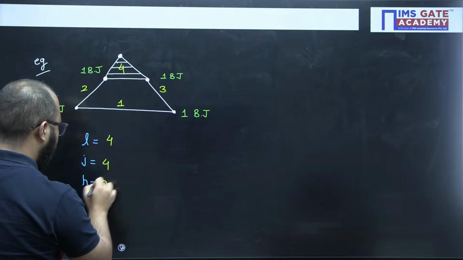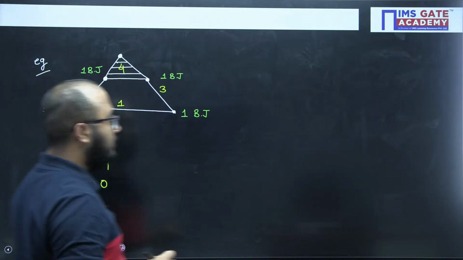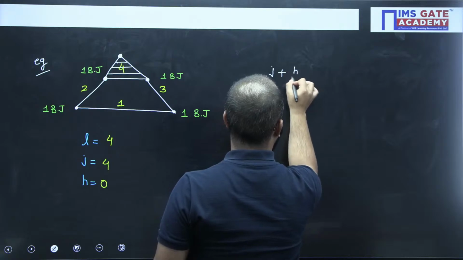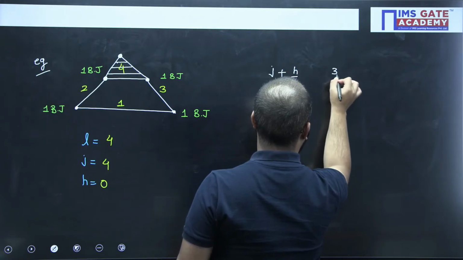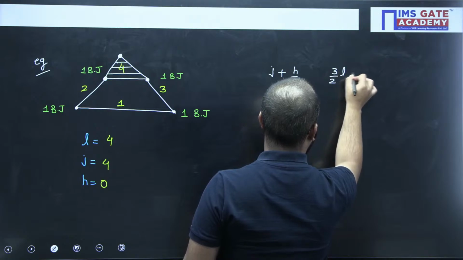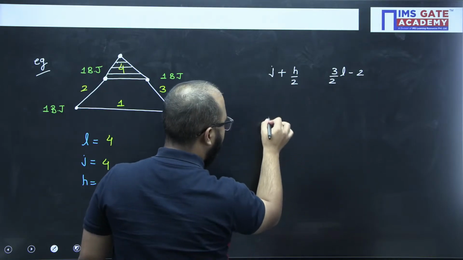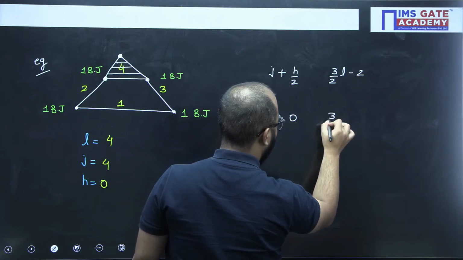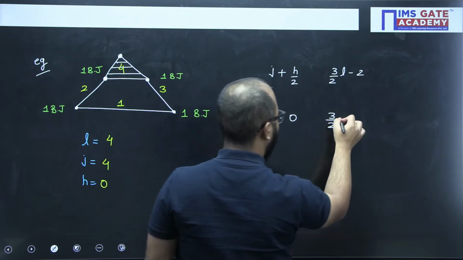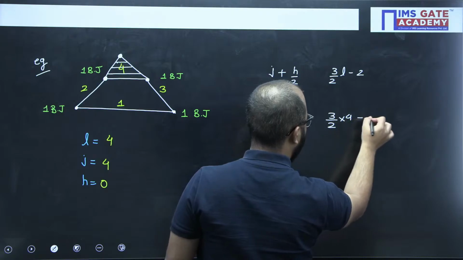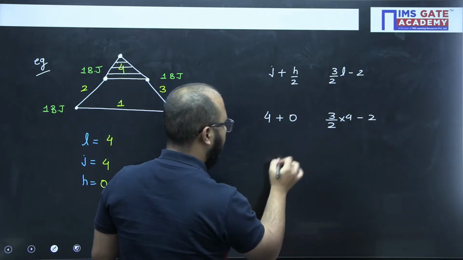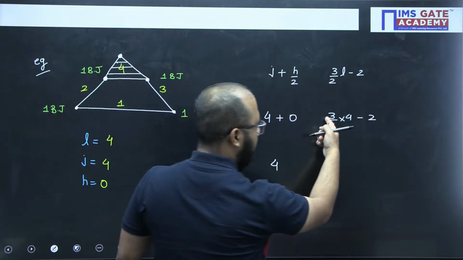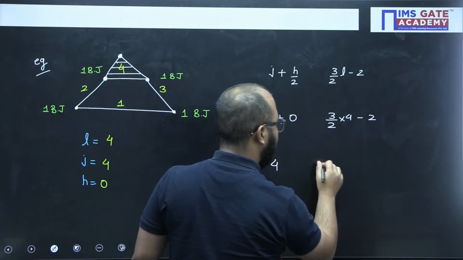And the number of higher pairs is 0. Now using this relation, J plus H by 2 equals 3 by 2 L minus 2. So J, binary joints, are 4, number of higher pairs is 0, and 3 by 2 L, where L is the number of links, minus 2. 3 into 4, 12, divided by 2 is 6, 6 minus 2 is 4.